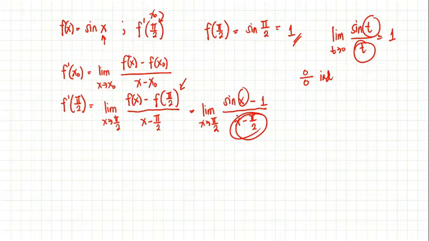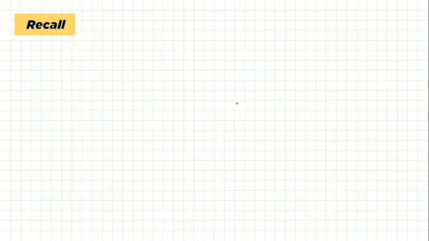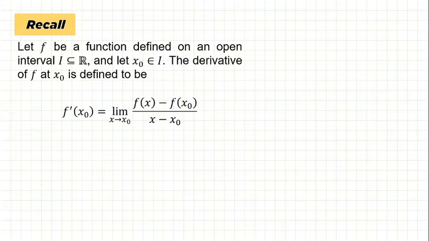Okay? So, to continue, let's recall that if we have a function f defined on an open interval I, subset of the set of real numbers, and we have x sub o element of the open interval I, the derivative of f at x sub o is defined to be this one.